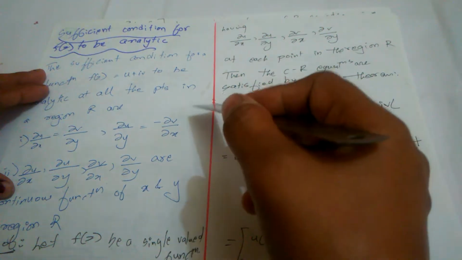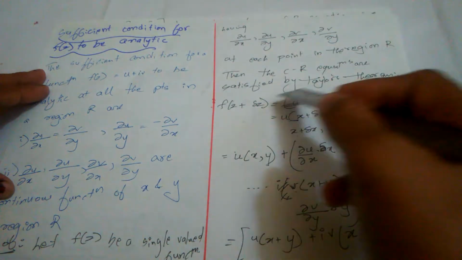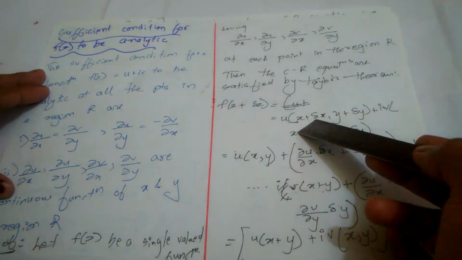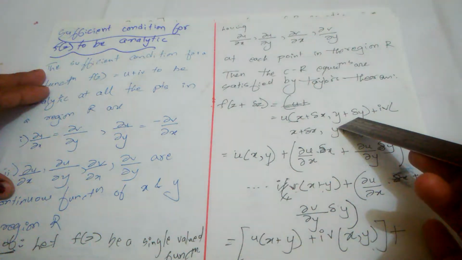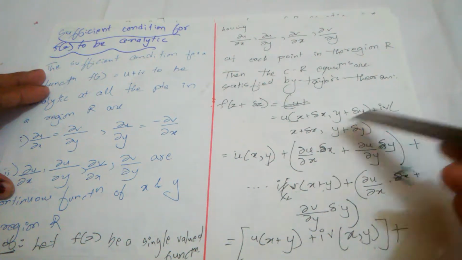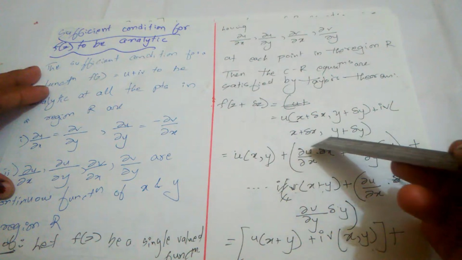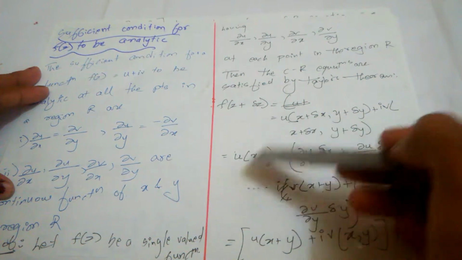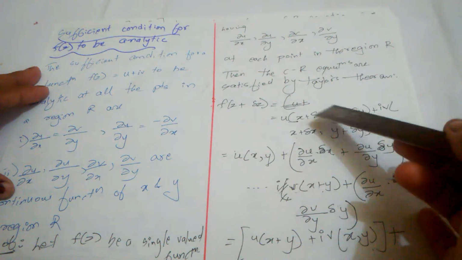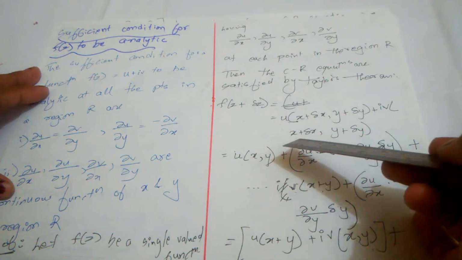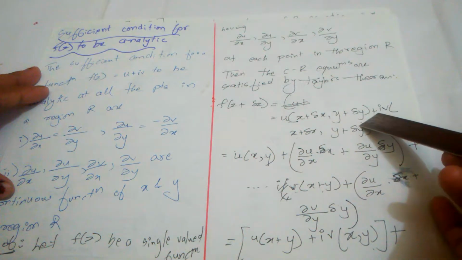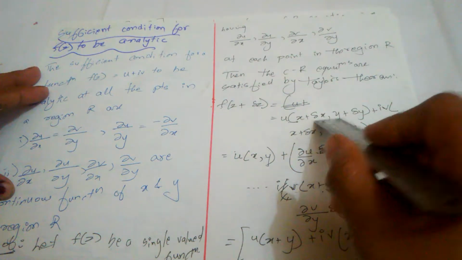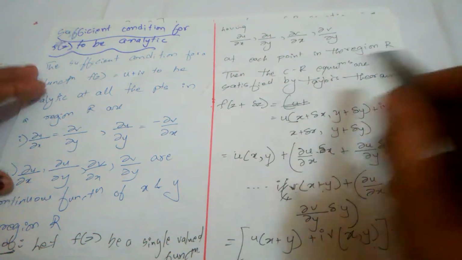So our f of z plus delta z is equal to u(x plus delta x, y plus delta y) plus iv(x plus delta x, y plus delta y). In the next step, what I'll do is put the x and y terms together, similarly for iv also, and separate the delta terms and the x and y terms.